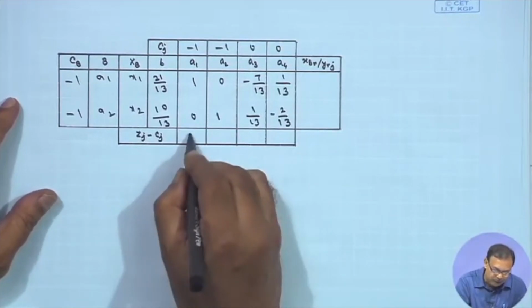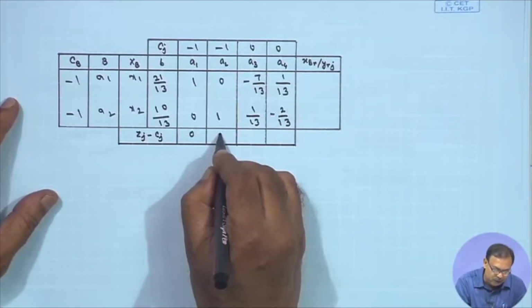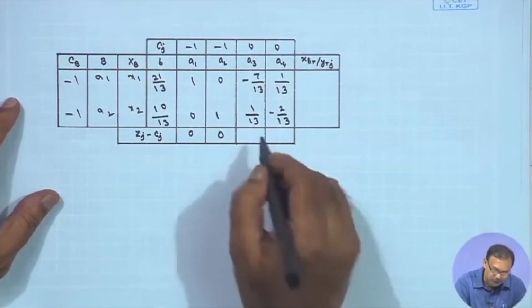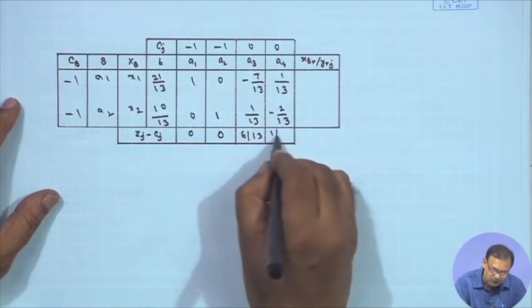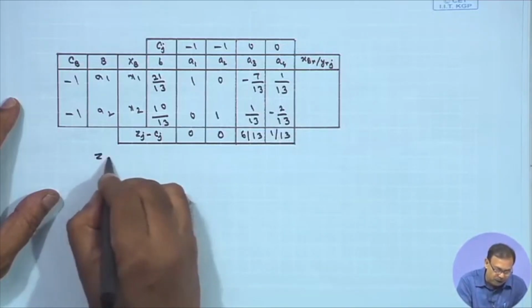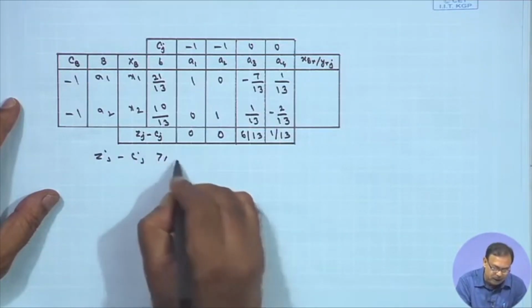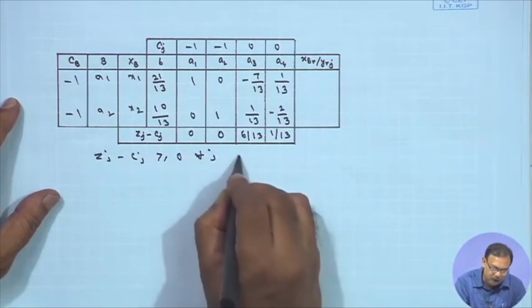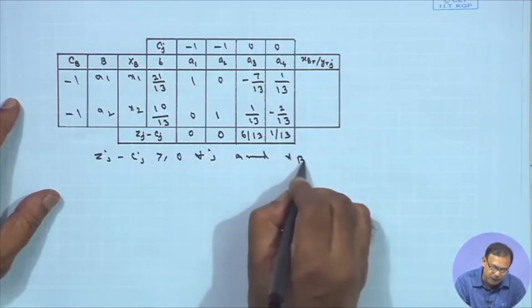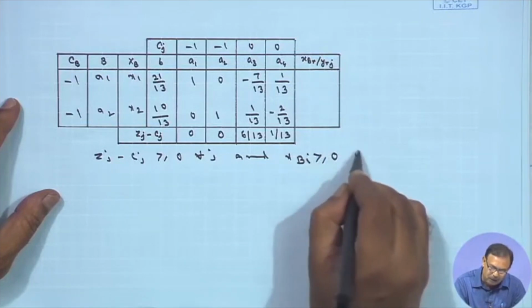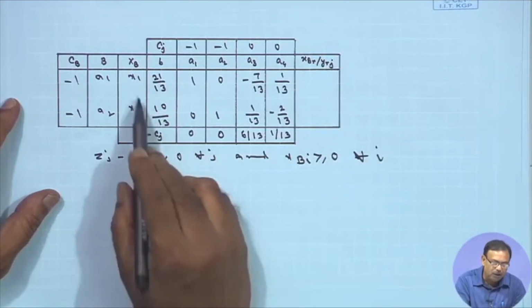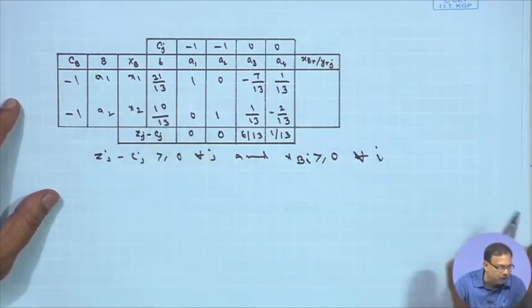If I calculate z j minus c j, this will be 0, this will be 0, this will be 6 by 13, and the last one will be 1 by 13. So, you see your z j minus c j is greater than or equal to 0 for all j, and x b I is greater than or equal to 0 for all I, since x 1 is positive and x 2 is positive.